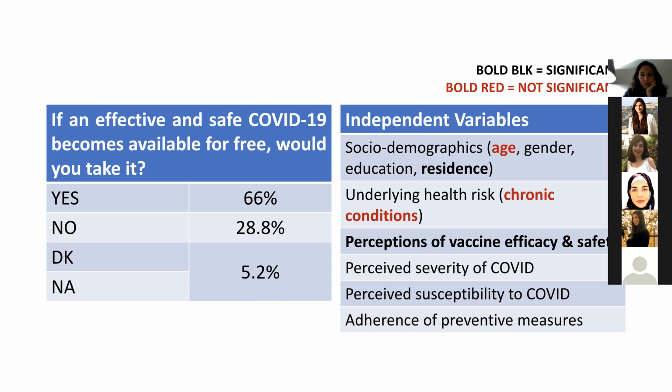But that was not the case in our data. Maybe they're afraid of complications of the vaccine. This result needs to be addressed because people with chronic conditions and older ages should receive the vaccine and should be more concerned about it.